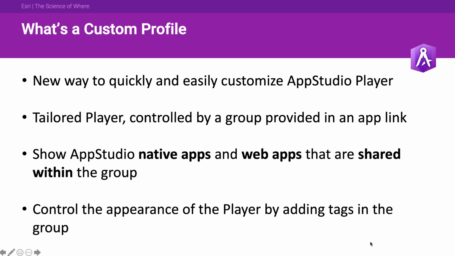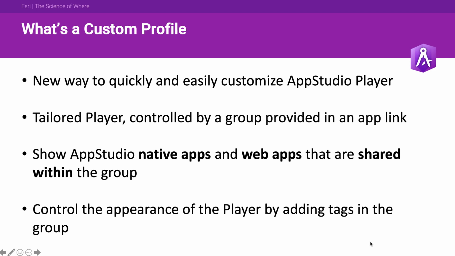What is a custom profile? Do you want to quickly and easily customize AppStudio Player without writing any code? You can now open AppStudio Player and create a custom profile by tapping on the app link. The custom profile is a tailored player controlled by a group provided in the app link.